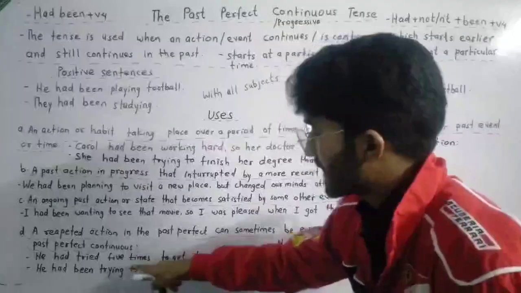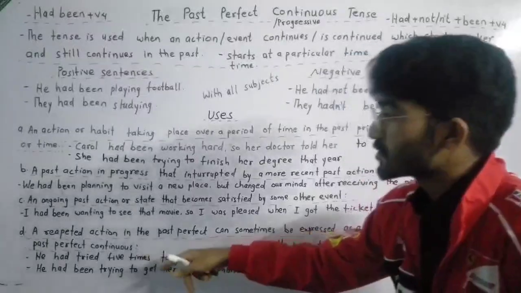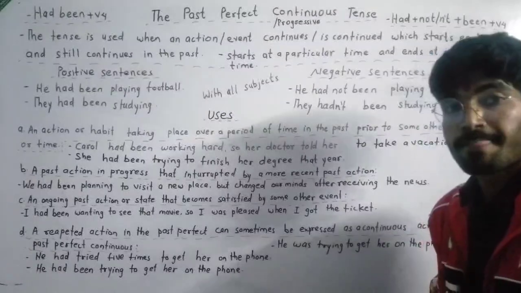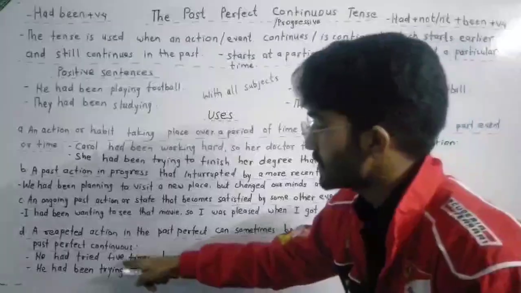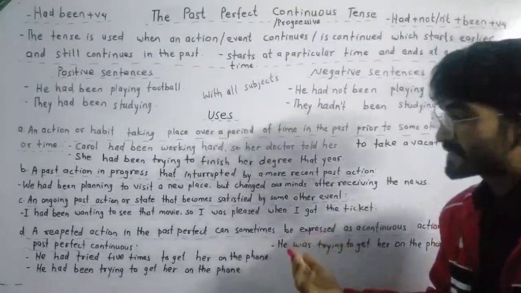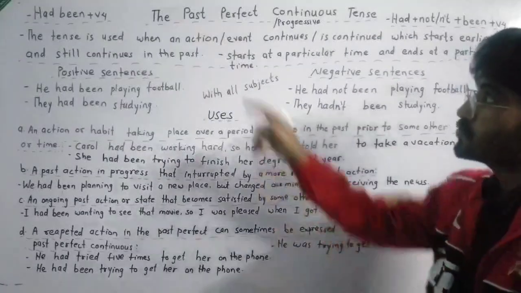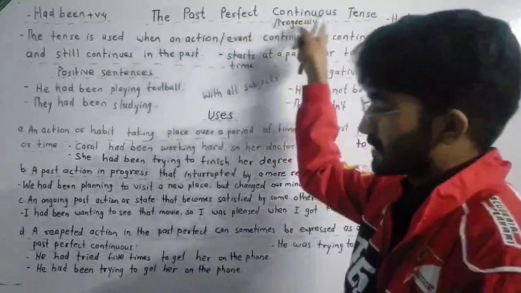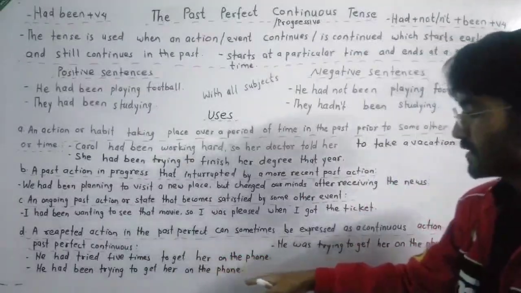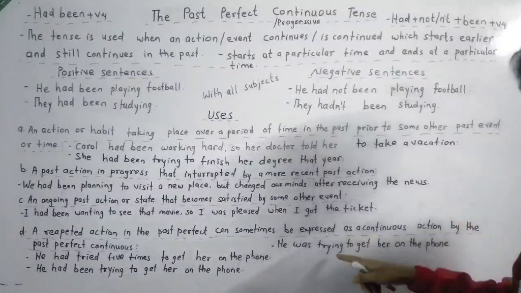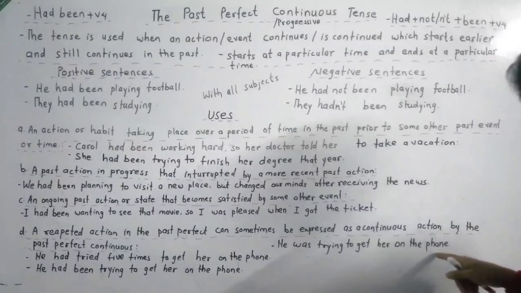The action was 5 times, it means it was continuous. This one was a continuous action, can be expressed through this tense. He had been trying to get her on the phone, or in this way we can express he was trying to get her on the phone.